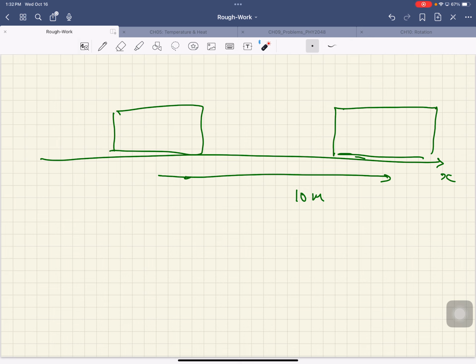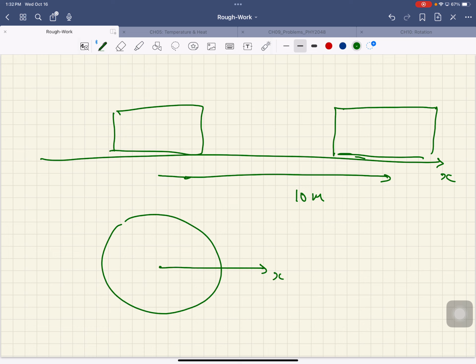How about this guy? 10 meters. Every point traveled 10 meters. Just like that, in that spinning wheel, this was your reference axis, and when this point rotates through an angle of 30 degrees, every point rotates through an angle of 30 degrees.